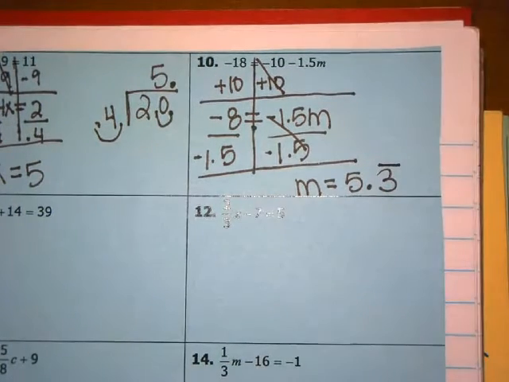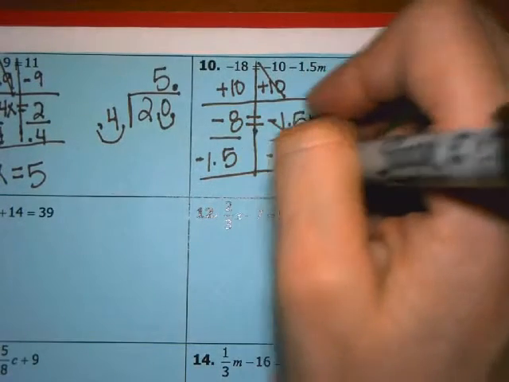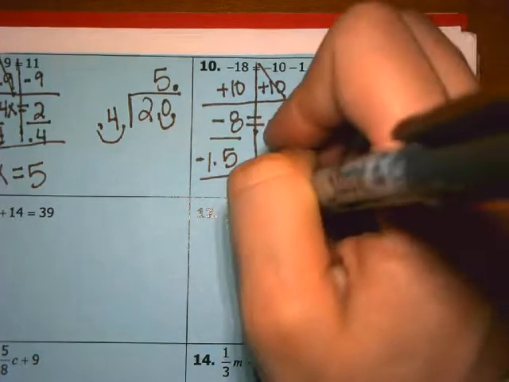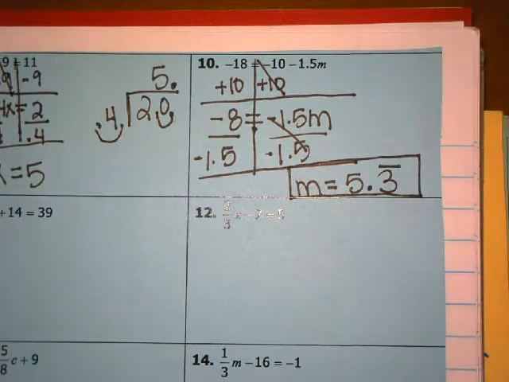So, just put the repeating line above it. It doesn't tell you to round, just write that repeating line because it goes over and over and over. It does not stop, so your answer is 5.3 repeating. If they tell you to round, obviously round.